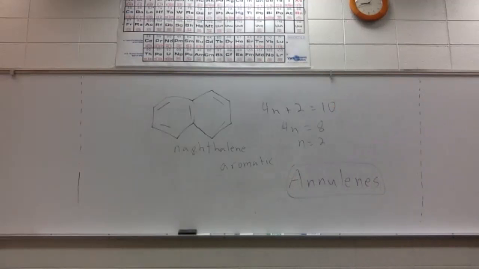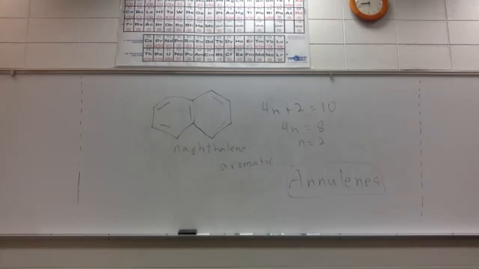You can have bigger ones. And if you look in your book, I think they even mention some, like you can have 16 carbons, 20 carbons here and there. I cannot draw them for the life of me unless I have a picture in front of me, which I don't. But you can look them up on your own. They're basically just bigger versions of benzene.